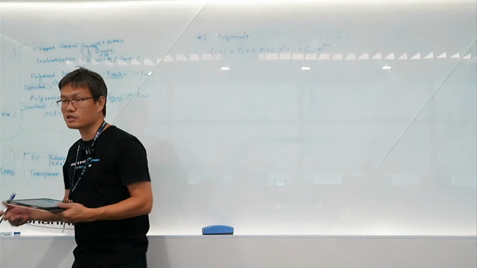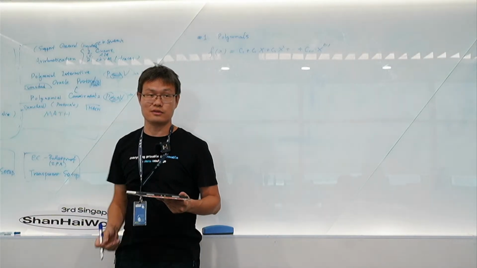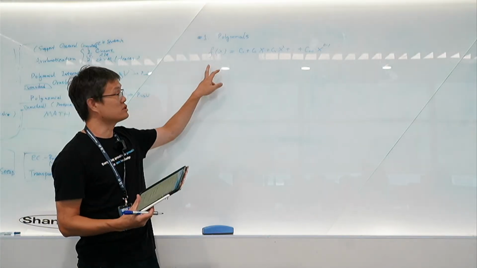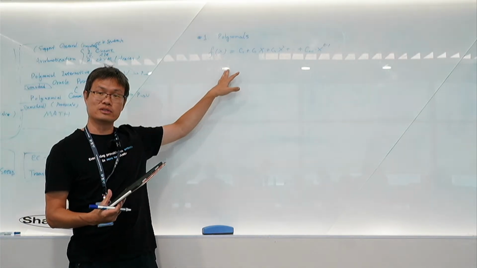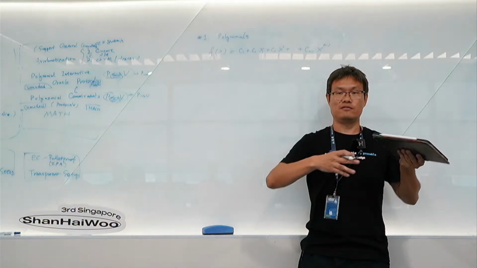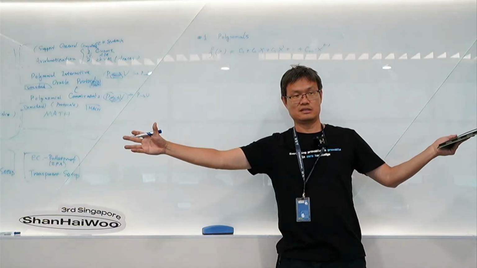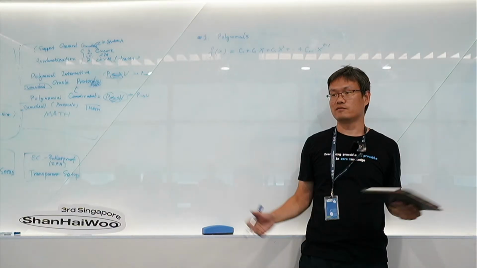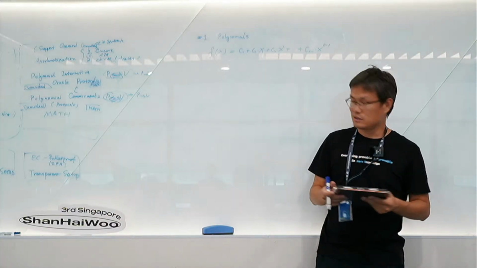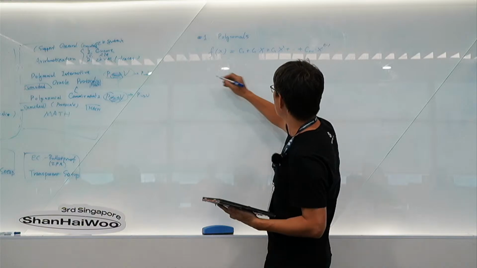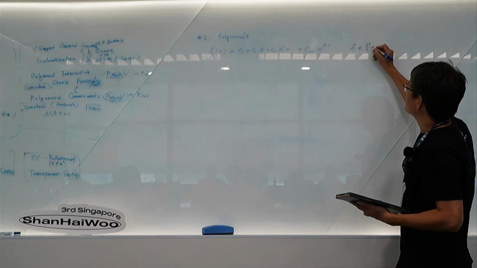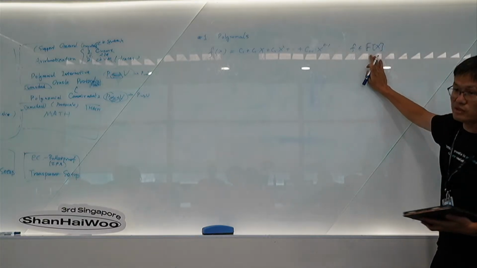Okay. So polynomial is the core concept inside the SNARK framework. Why is it so important? Because we can use a polynomial to encode a vector. That means we can encode a very long vector, for example, of 1 million size. Each component of the vector is a finite field element. So we can write F, a finite field.